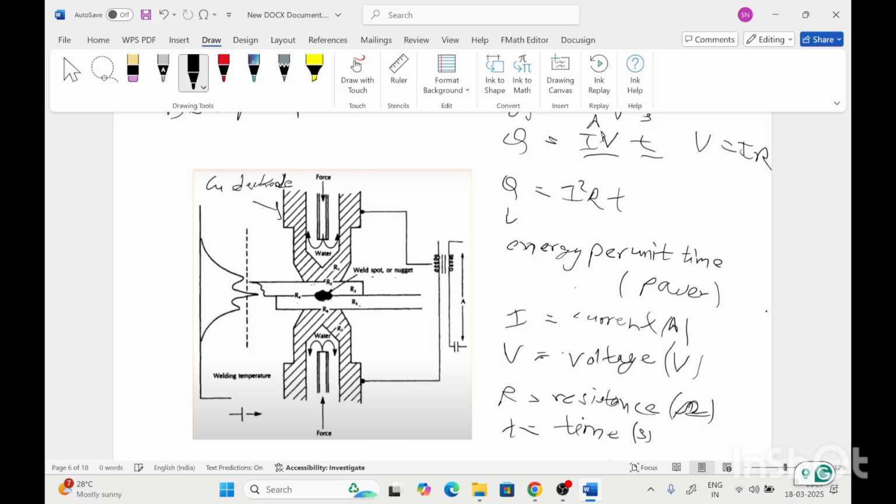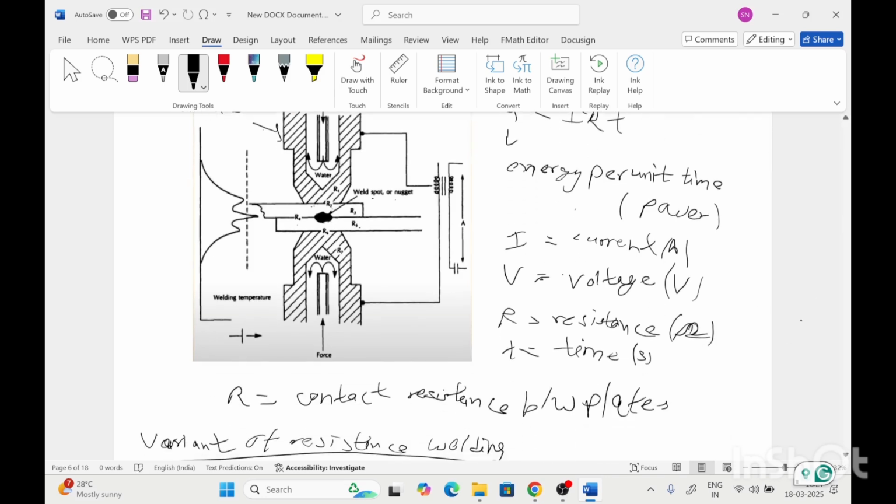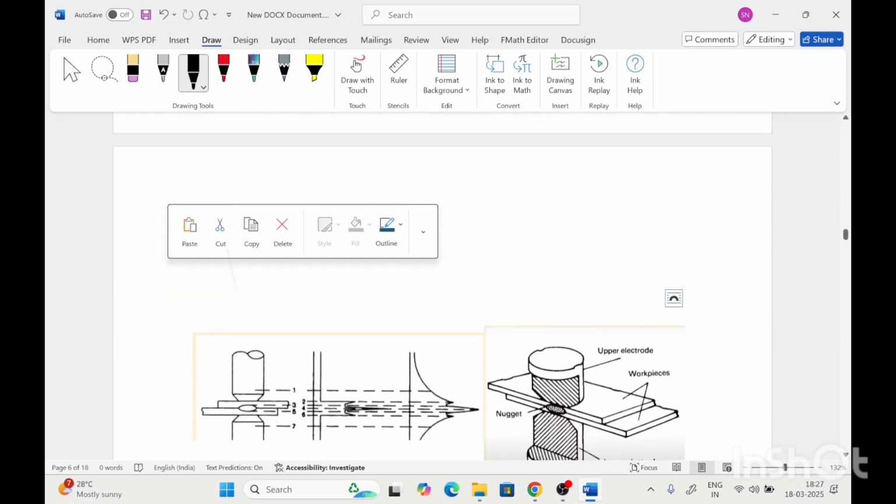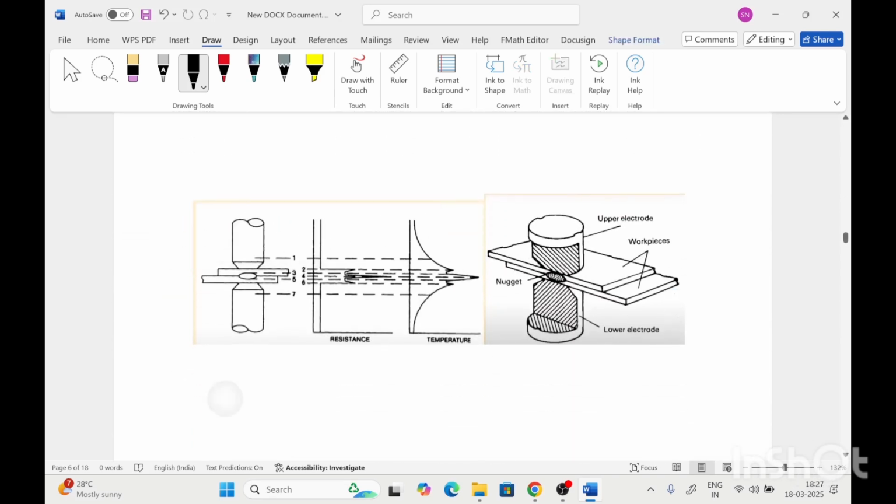This is the welding spot generated in resistance spot welding, and the resistance and temperature variation according to the electrode and plates interface and the bulk resistance is drawn in this diagram. The resistance is higher at the electrode and working plate interface.